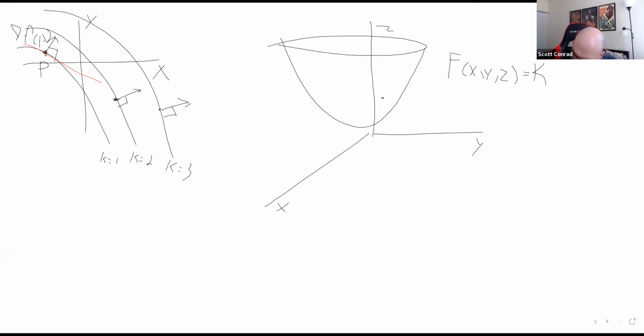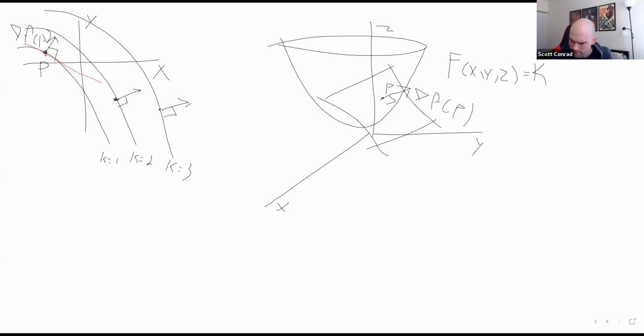And I pick some point P. If I look at the tangent plane, pretend that's a tangent plane, to the surface at the point P, the gradient of f is going to be normal to the tangent plane. And we'll do an example of that in just a second.